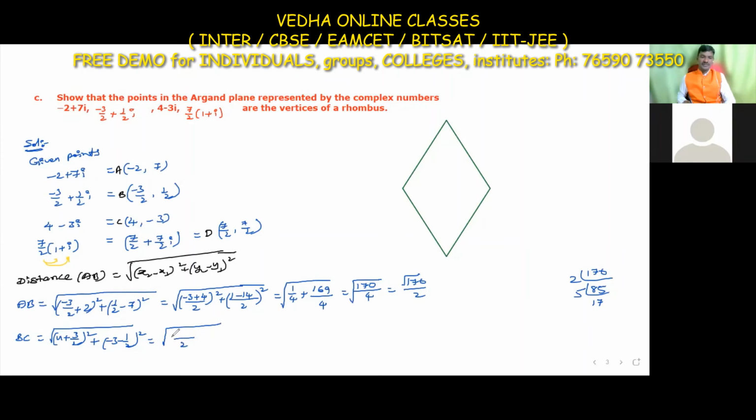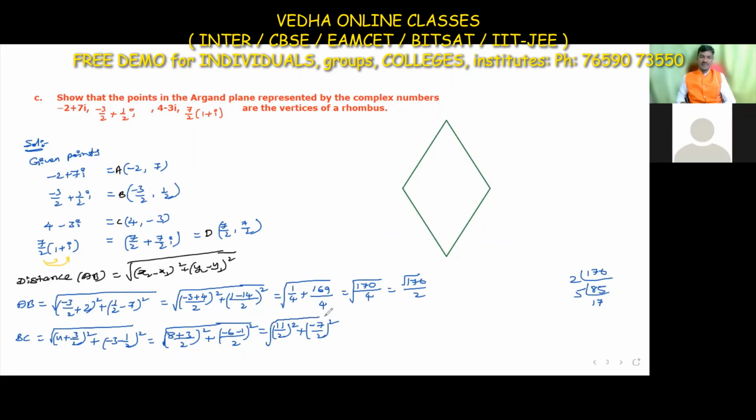LCM is 2. So 2 times 4 is 8, 8 plus 3 whole square, plus (the LCM is 2) minus 6 minus 1 whole square. 8 plus 3 is 11 by 2 whole square, plus minus 6 minus 1 is minus 7 by 2 whole square.